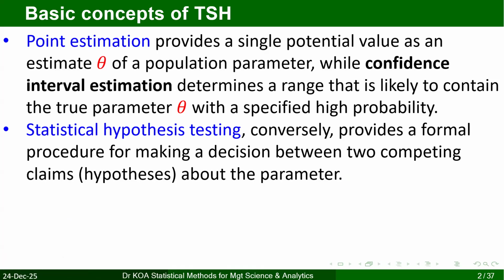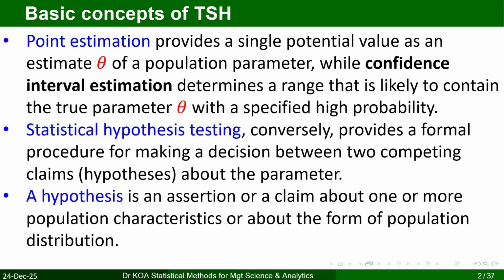And that is what leads us to hypothesis testing. Hypothesis testing, unlike these ones, gives you a formal step-by-step procedure to decide between competing claims or hypotheses about that true parameter value. So what is a hypothesis? It is a claim about a population characteristic, a claim about a population parameter, a claim about the form of the population distribution.